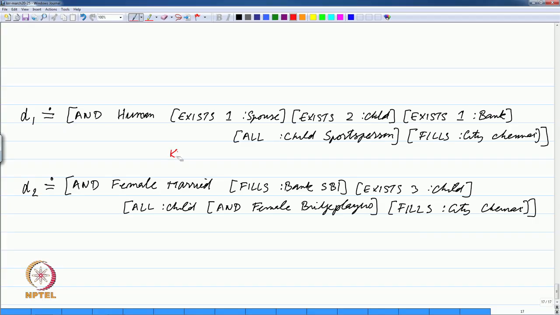So, the kind of questions that we want to ask is, does the knowledge base entail that D2 is a subclass of D1? That is a question you want to ask, and the question we want to answer is by means of structure matching.